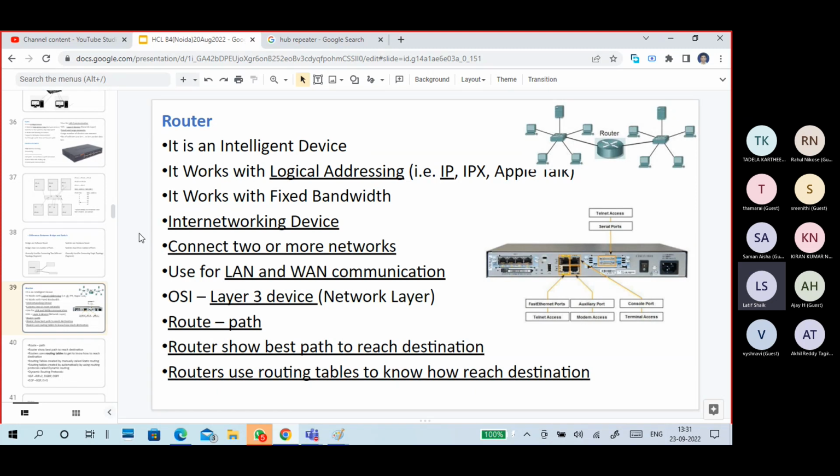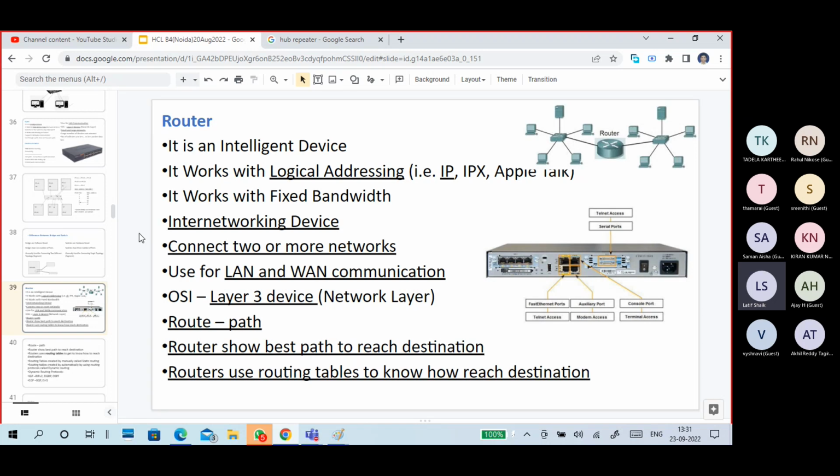Router is an inter-networking device. In the morning I told you that communication between two or more networks is called inter-networking. So in that we are using a router, right? Same point is repeated: router is an inter-networking device.